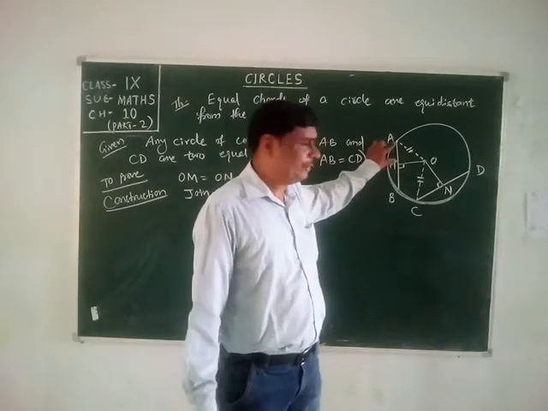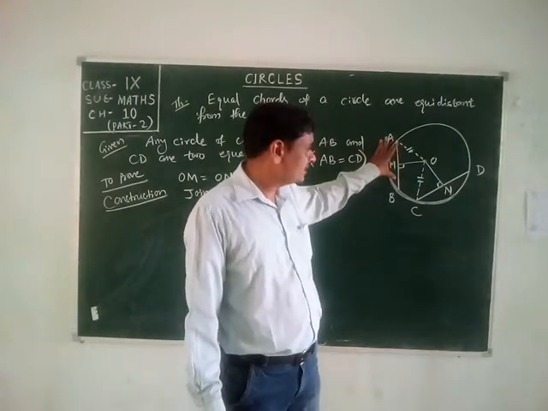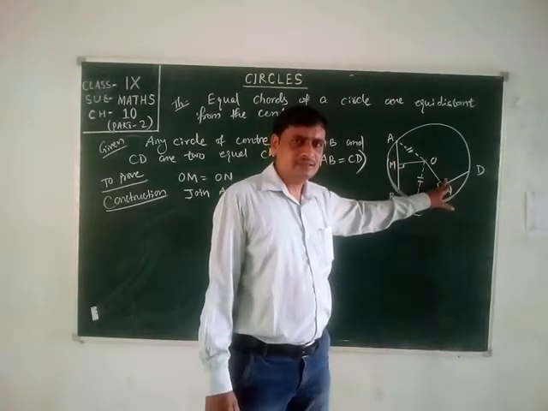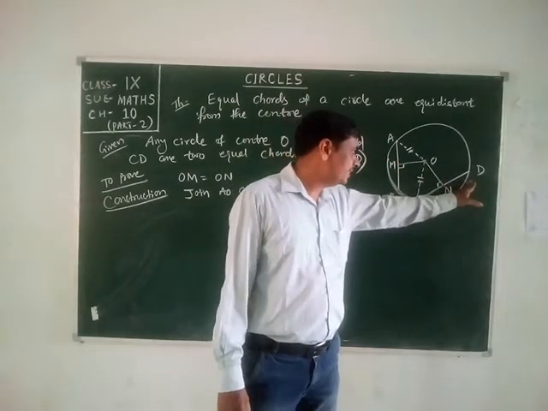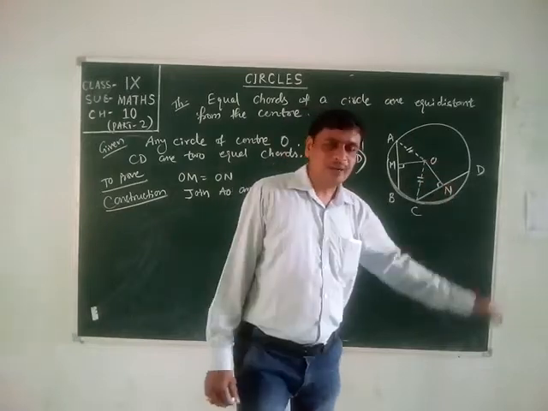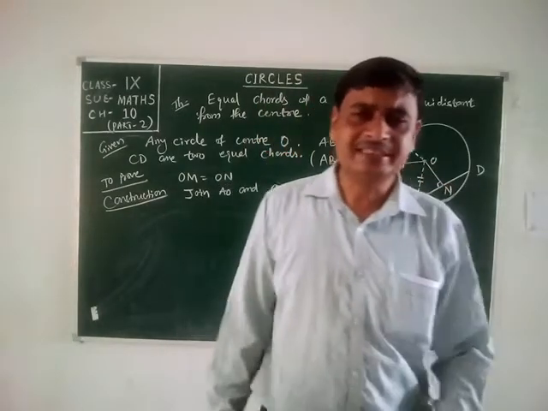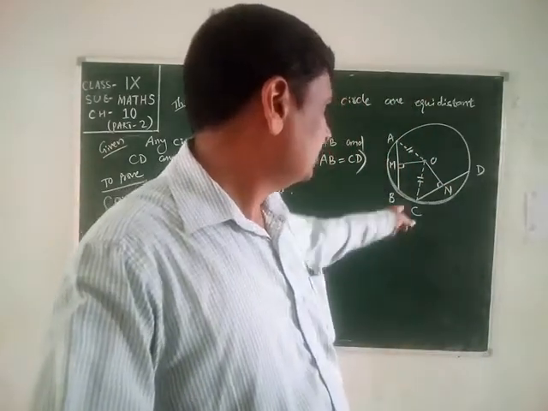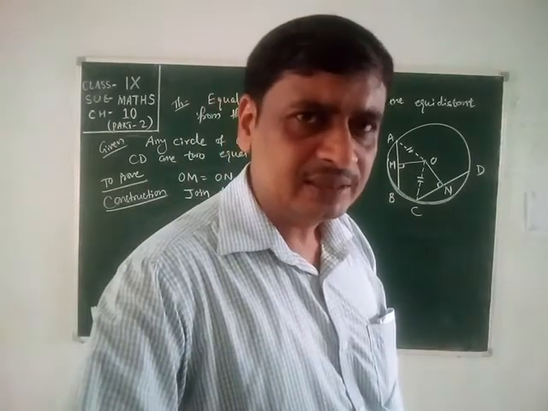So this AM is half of AB. Similarly, ON is drawn perpendicular on CD, so ON bisects CD. That's why N is the midpoint of CD.